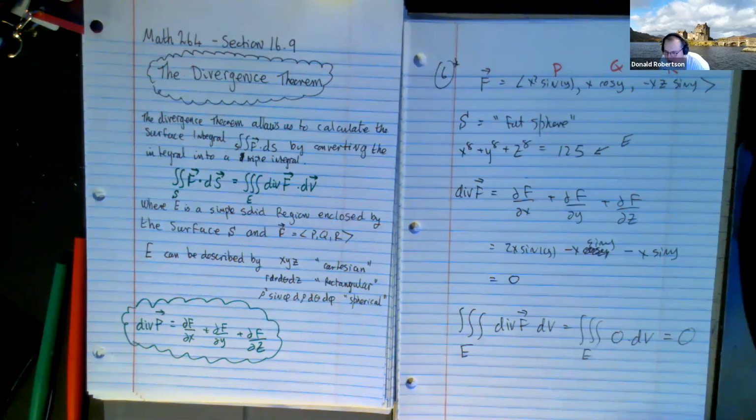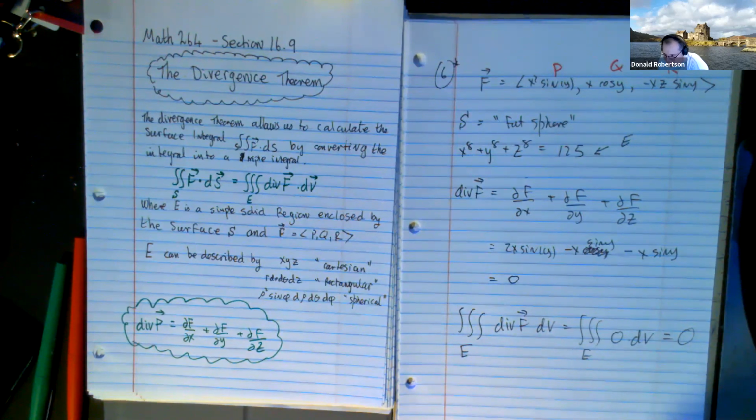So the moral of that story is, which I should have actually noticed and didn't, find the div before you worry about finding the limits of the region E. Because I think there's at least one more, not 100% sure, but I think there's at least one more 0 guy out there.